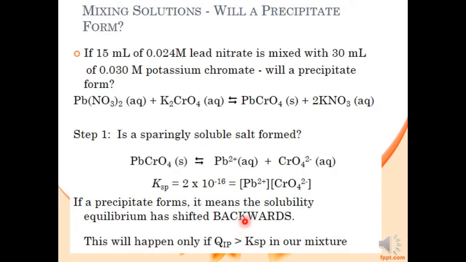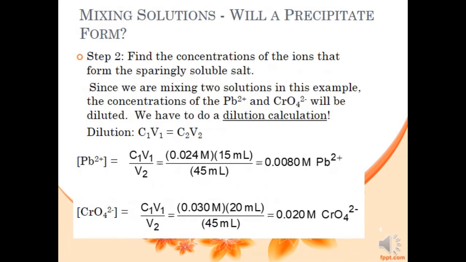Now what do we do? There's a reason why you are given the concentration here. We use that to find Qsp. Once we get the Qsp, we compare it with the Ksp. When we mix the two solutions, what happens to the concentration?